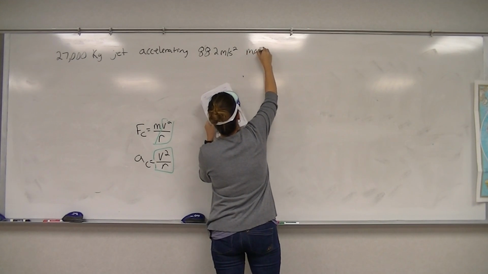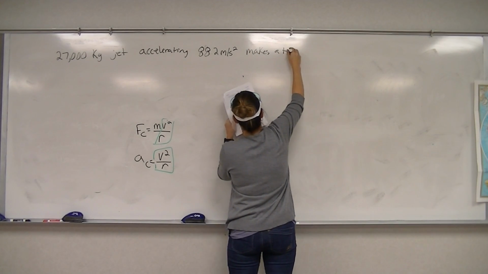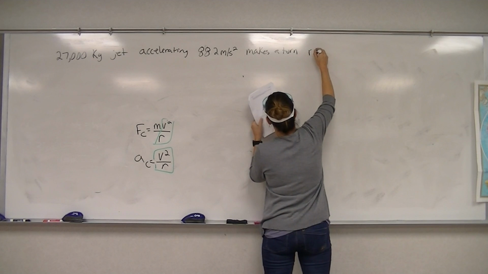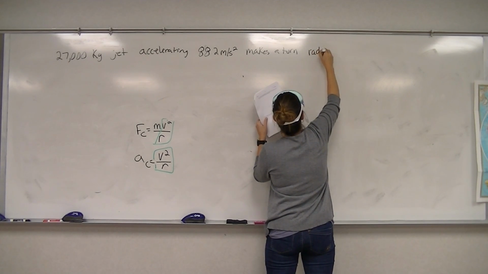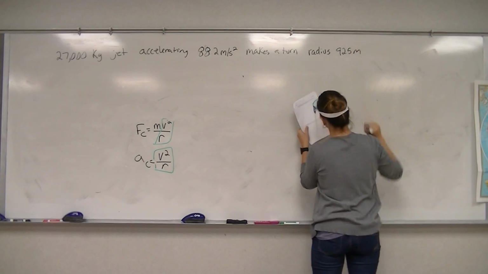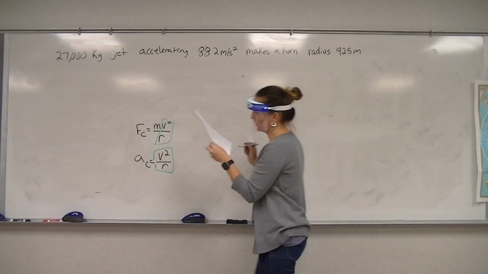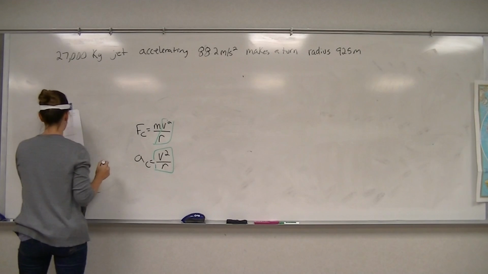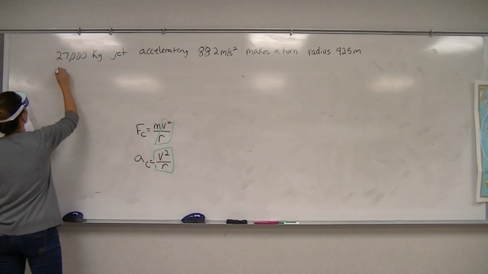Makes a turn. Radius 9.5 meters. We're going to calculate its velocity and the centripetal force.